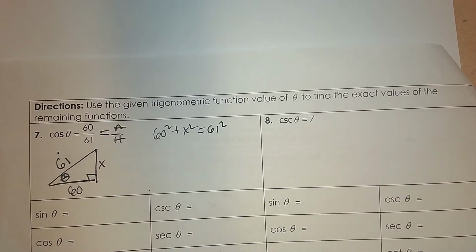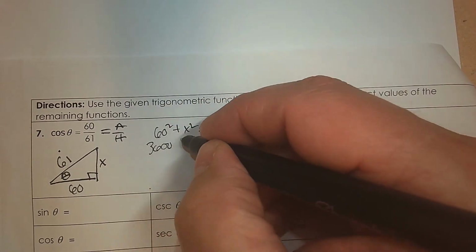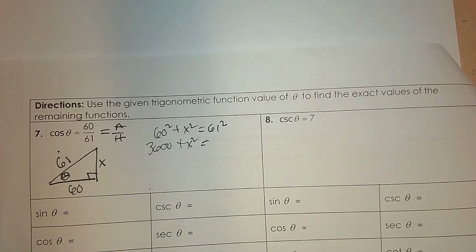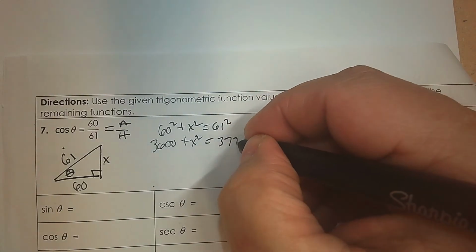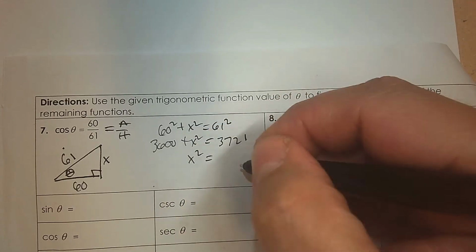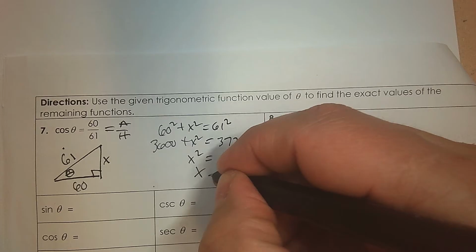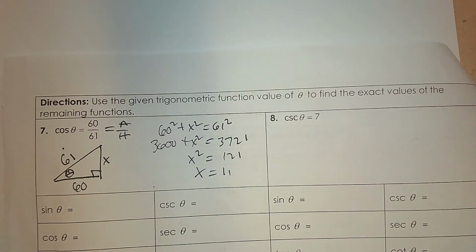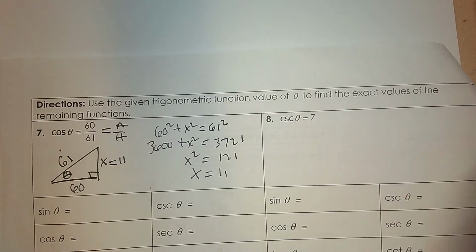So that's 3,600. I don't know, 61 times 61. That's 3,721. Did we just do this one? And then subtract, and you get 121. Take the square root, and that's 11. So nice. I think we just did that triplet.